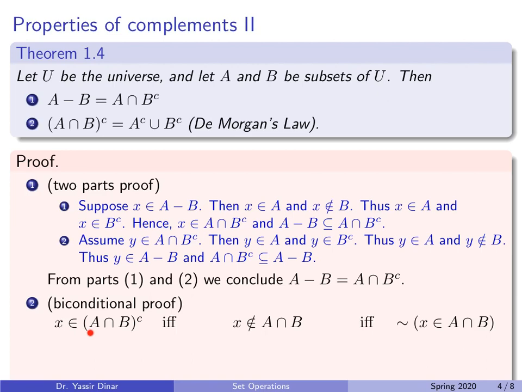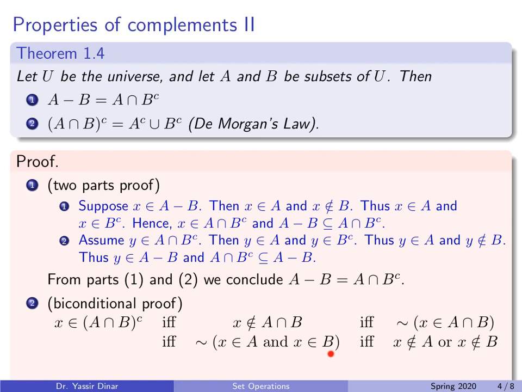So X belongs to the complement of A intersection B if and only if X is not in the intersection of A and B, if and only if the negation of the statement is true, so it is the negation of X is an element in A intersection B, if and only if, by the definition of the intersection, the negation of X belongs to A and X belongs to B.